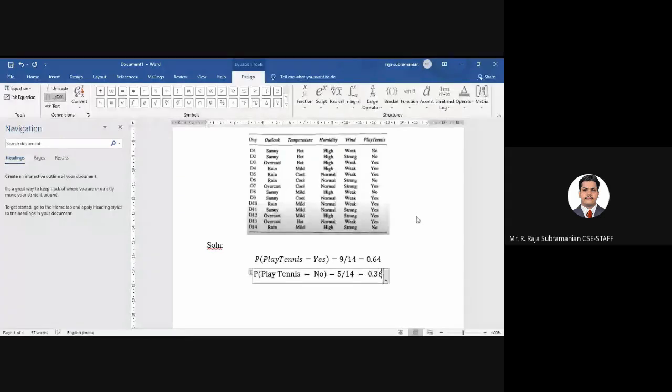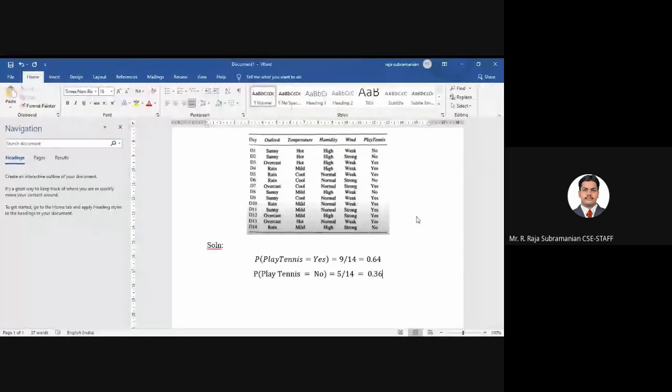This is how we proceed and see how the total probability lies. With the given data set, 64% of the time we allow the child to go and play tennis, and 36% of the time we don't. This is the overall probability of the entire set.